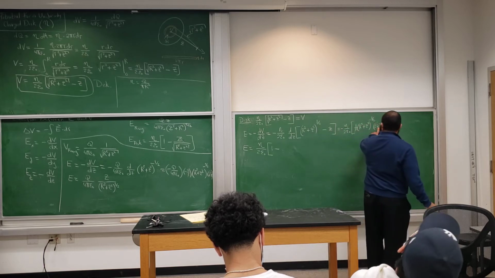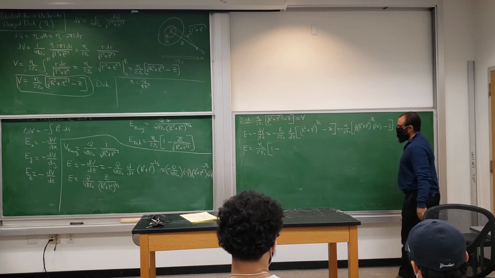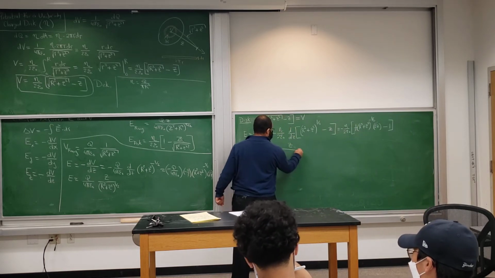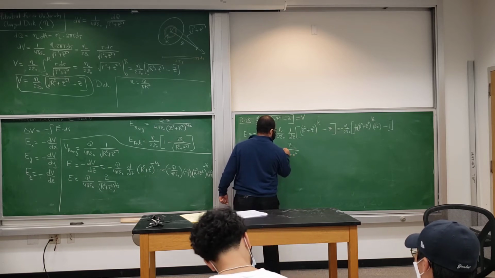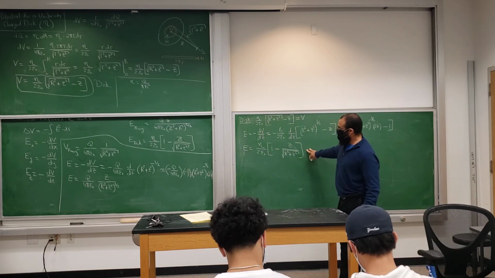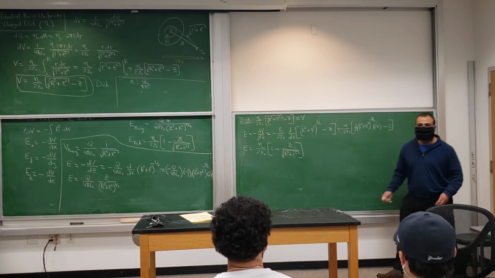I would have Z on the numerator, and then this to the minus 1/2 goes downstairs and it becomes the square root. So Z over the square root of R squared plus Z squared. Yeah, they match. So that's good.